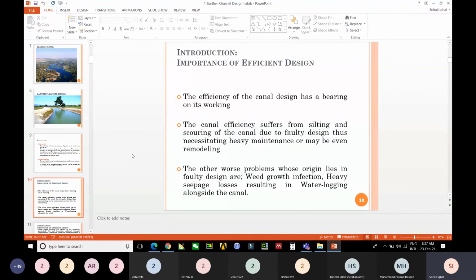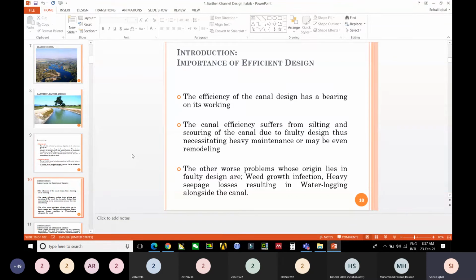So we are providing these canals to increase agriculture so that people can take the water at their destination. Our main purpose is to provide water to agricultural lands. If waterlogging occurs in those areas, it is not suitable for agriculture.